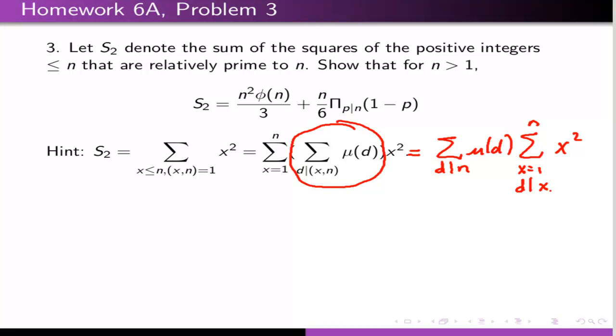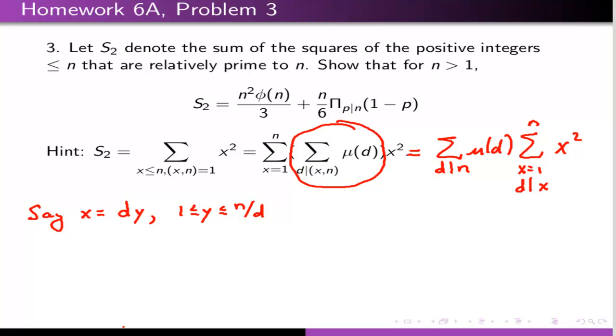Okay, so if d is a divisor of x, let's say x is dy. x goes from 1 to n, so y goes from 1 to n over d. And so sigma x squared becomes sigma d squared y squared.